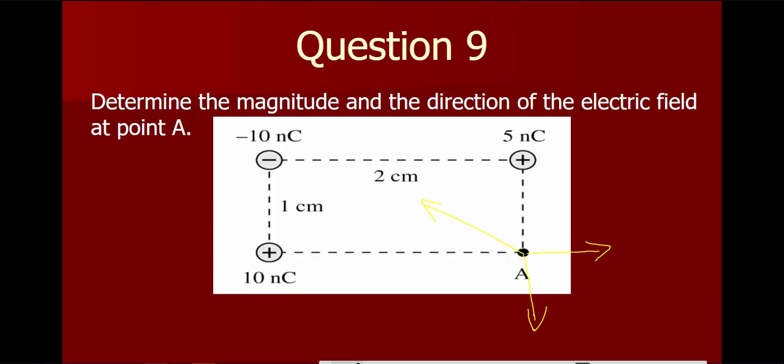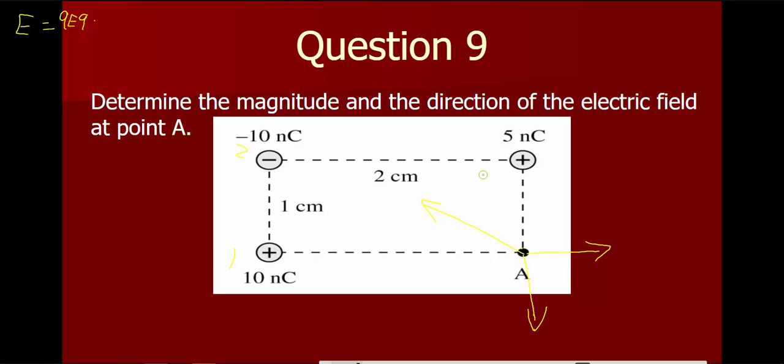So now we go, okay, well, let's calculate the electric field. So, whatever, I guess we'll start here. So the electric field is going to be K, 9 times 10 to the 9, times charge. So we're looking at this point right here.